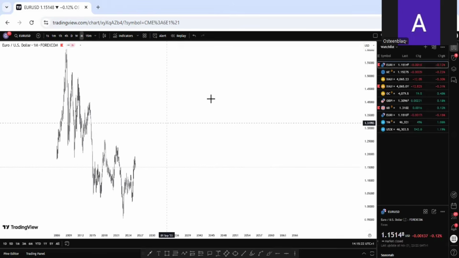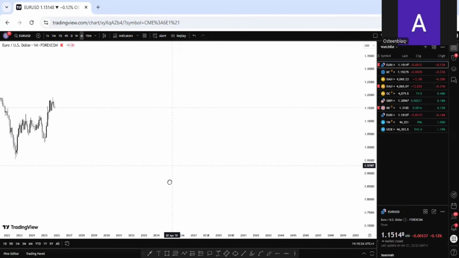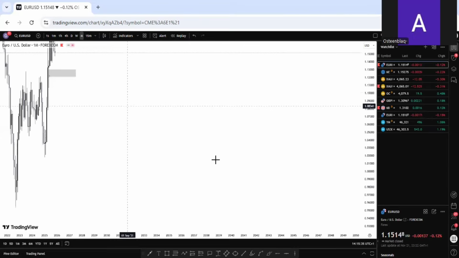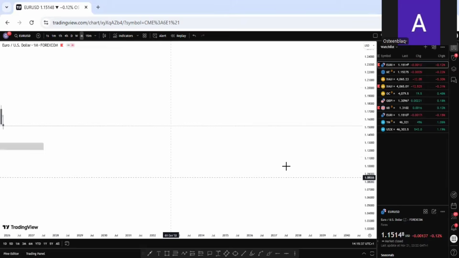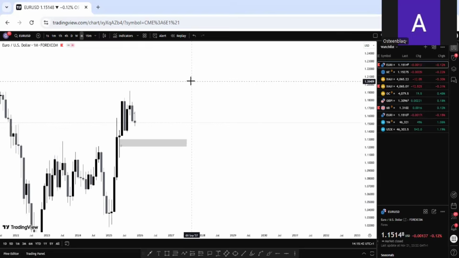Now look at this. If we look at this, you can see that we saw that price is coming from a monthly zone. Now you can see that this place is not a base, neither is it a type of zone.